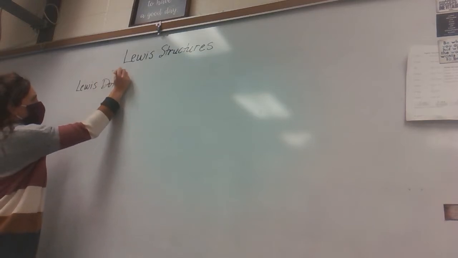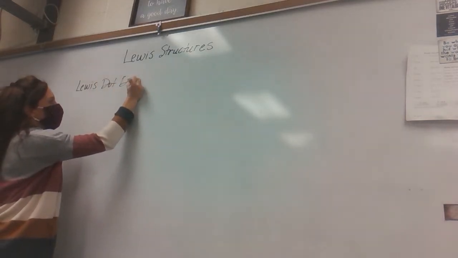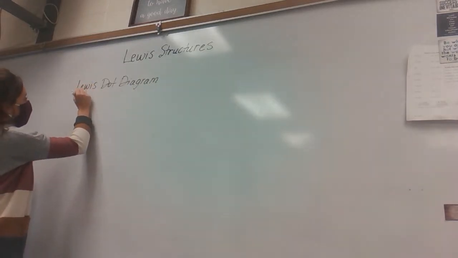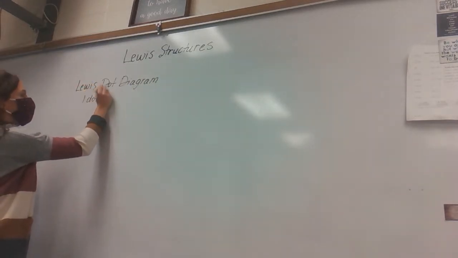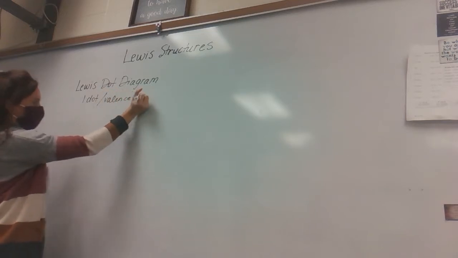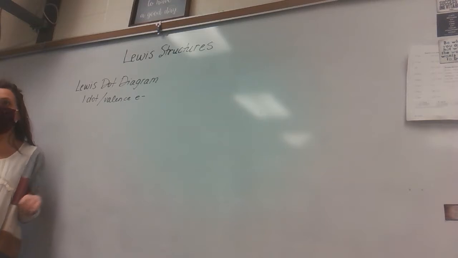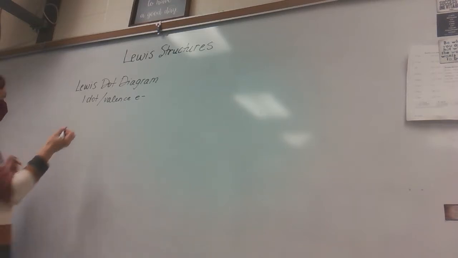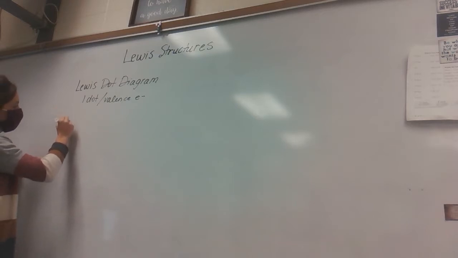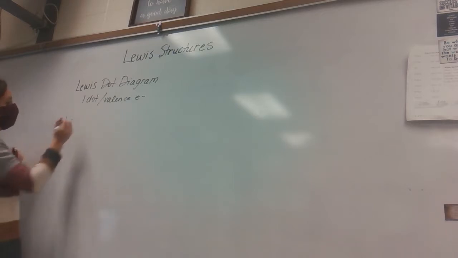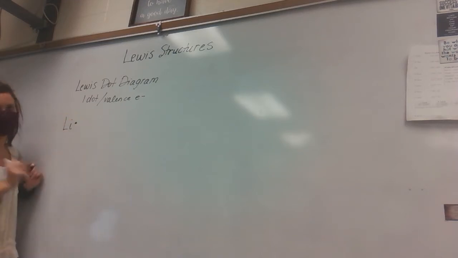And you've seen these before. These have one dot per valence electron. And we don't pair them until we have to pair them. So an atom in group 1, like lithium, has one valence electron, and it gets one dot.